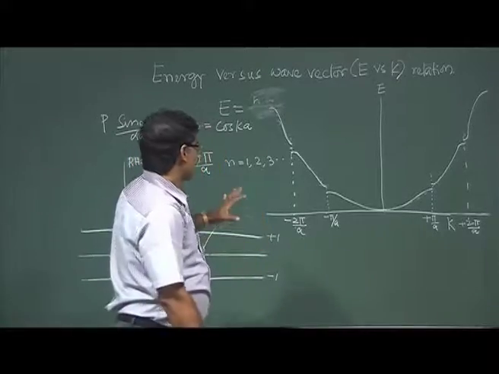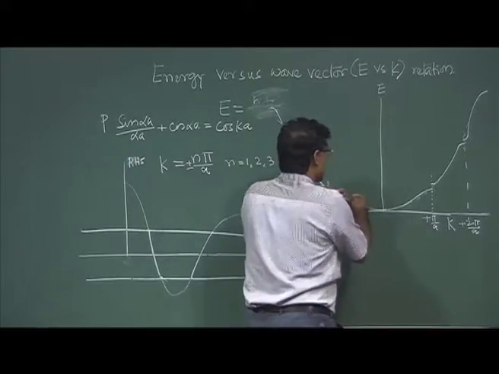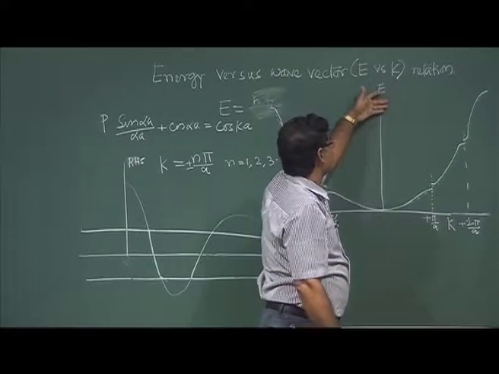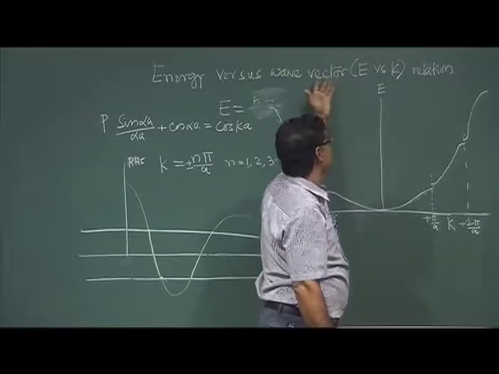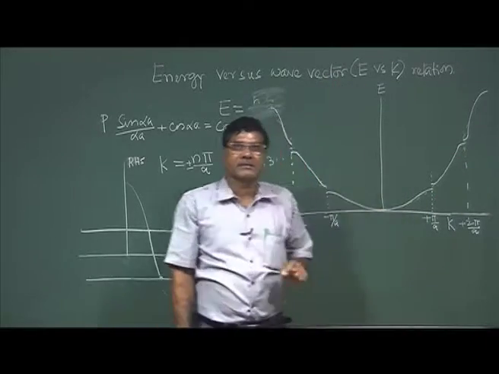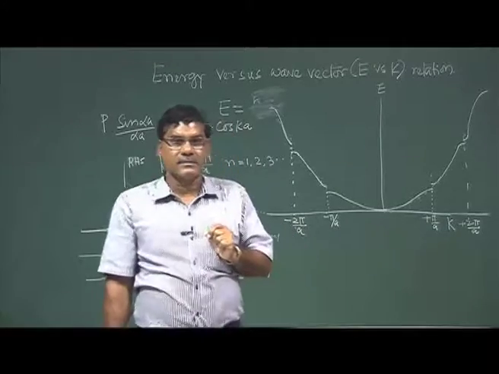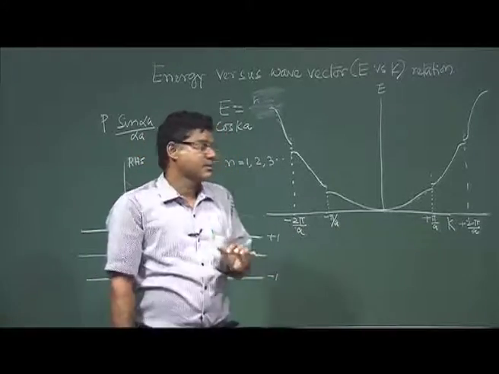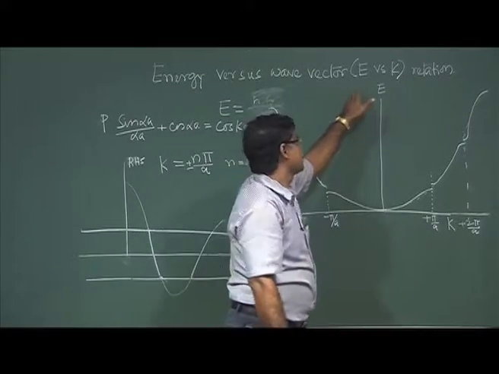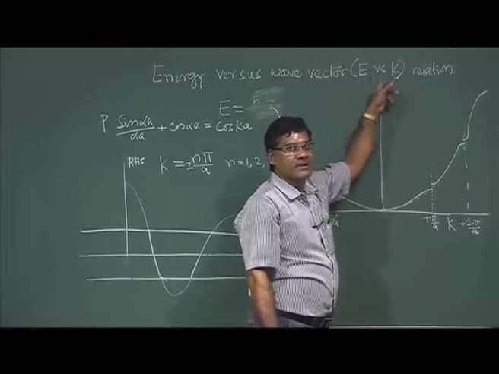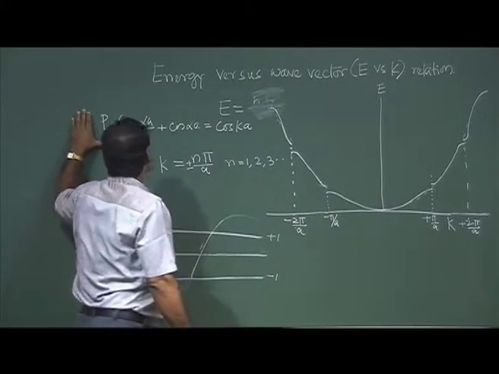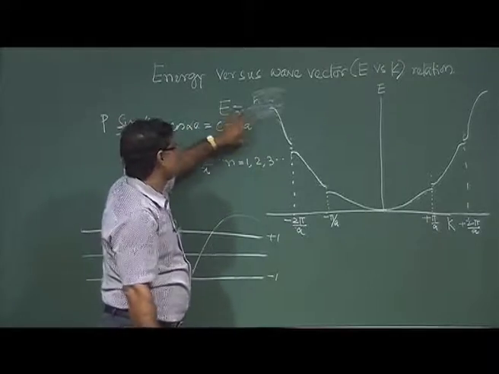Okay. So for free electron, the curve between E and k had this variation, but when that electron is in a crystal, in a periodic lattice, this relation is no longer valid. The relation between E and k will be different, and that is guided by this condition.